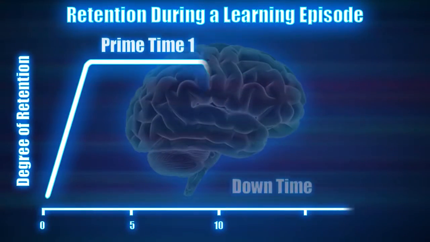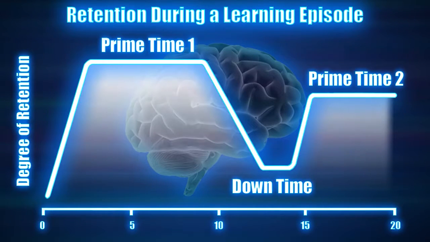According to the research, the 20-minute lesson segment is really the most effective in terms of moving things from working memory to long-term memory because there is the least amount of downtime in the middle.